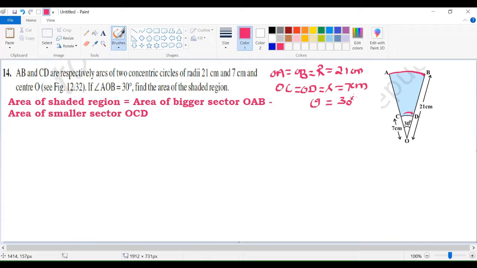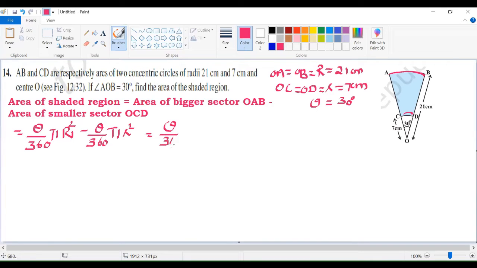That's all. We got all the information we need. So area of the shaded region, area of bigger sector, which is equal to theta by 360 pi R square, minus theta by 360 pi small r square. So theta by 360 pi is common.